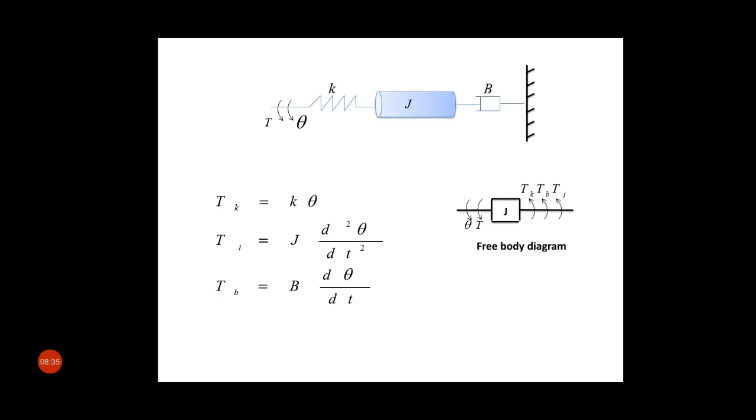Next, find all torques acting on the mass, for example the applied torque, the opposing torque due to deflection in the spring, the opposing torque due to angular velocity in the dashpot, and the opposing torque due to angular acceleration in the mass. The third step is using Newton's law of motion to express all the torques in terms of angular velocity, angular acceleration, and angular displacement of the inertia element.